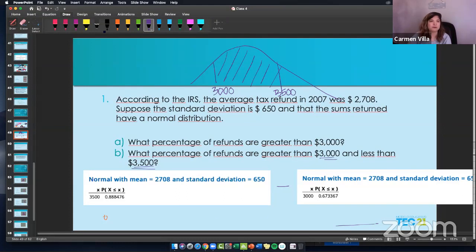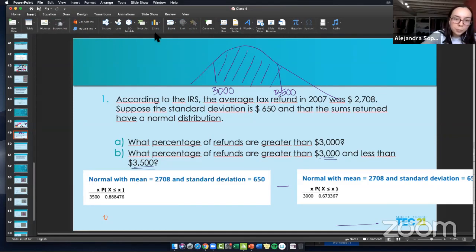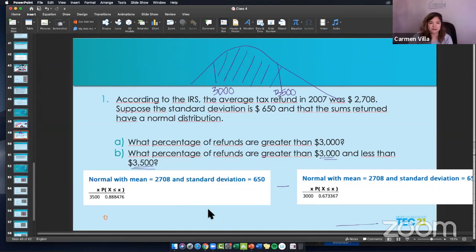And how much is that probability? 0.2151. And that means that we have 21.51% probability, or percentage of the population in this case.